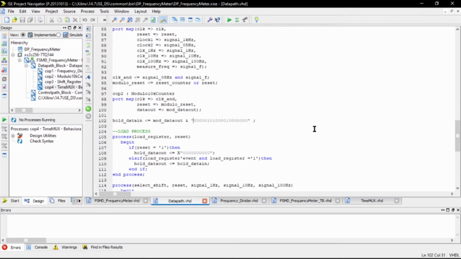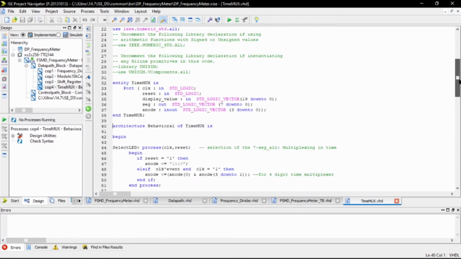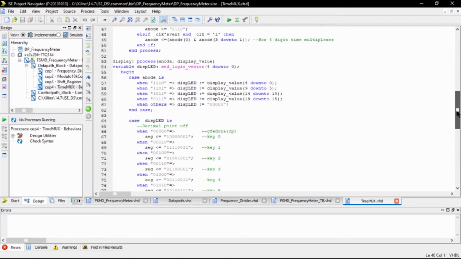So I have 0 followed by another 0. That 0 means the decimal point is off. 1, 0, 1, 0, which is my H, followed by 0, meaning decimal point is off. 0, 0, 1, 0, which is Z, followed by 0, meaning decimal point off, and then another 0 followed by 0. In my time marks, you can see how I dealt with it.